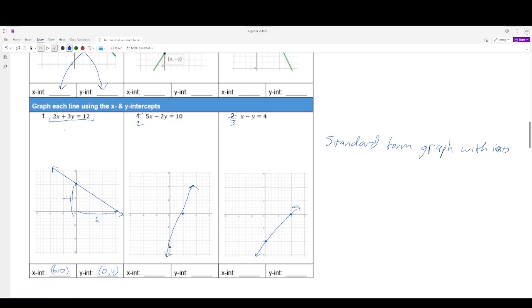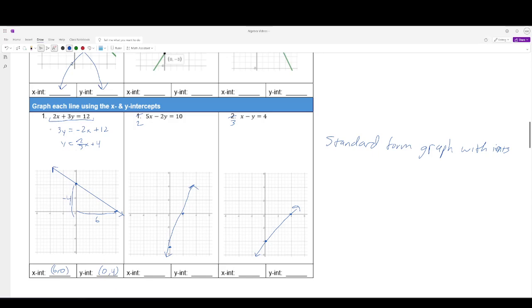So you would have subtracted 2x and get 3y equals -2x plus 12. Divide by 3, get y equals -2/3 x plus 4. And then you would have graphed using the slope and the y-intercept, and you would have gotten the exact same graph, but you had to do a lot more work to get there.